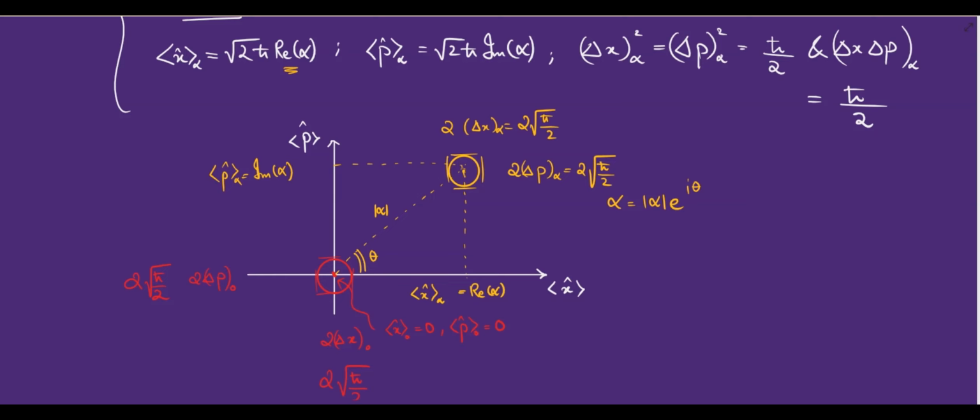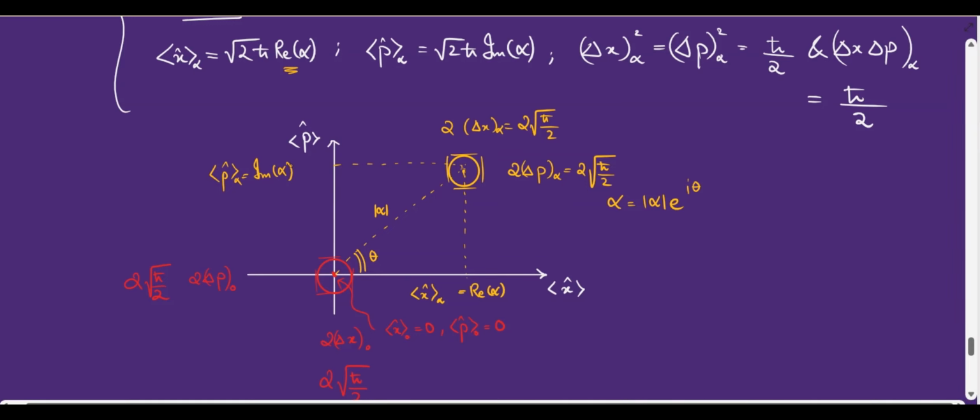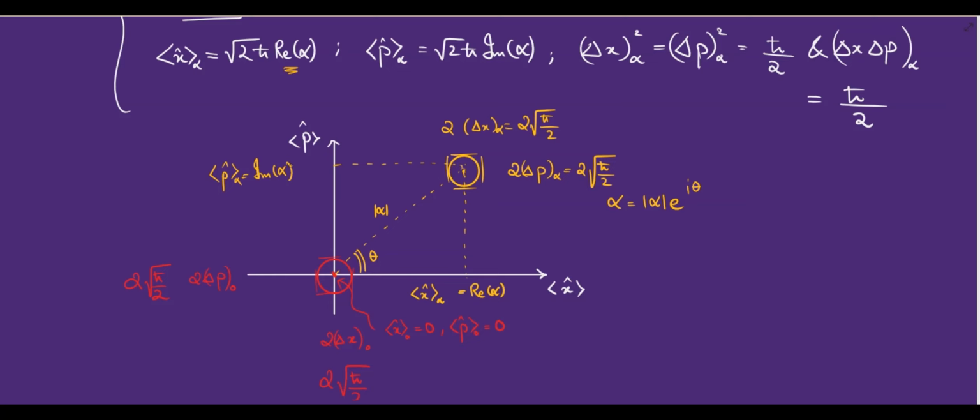There can be some discrepancies in the constants, forgive me for that, but qualitatively the sizes are the same, and the distances are proportional to what I have mentioned here. One more thing that needs to be noted is that this is equal to mod of alpha sine theta, and this is equal to mod of alpha cos theta.